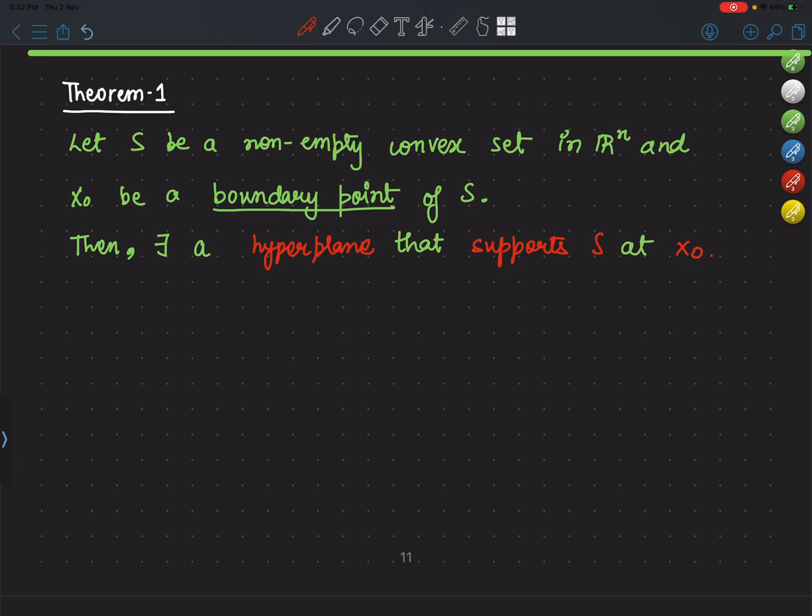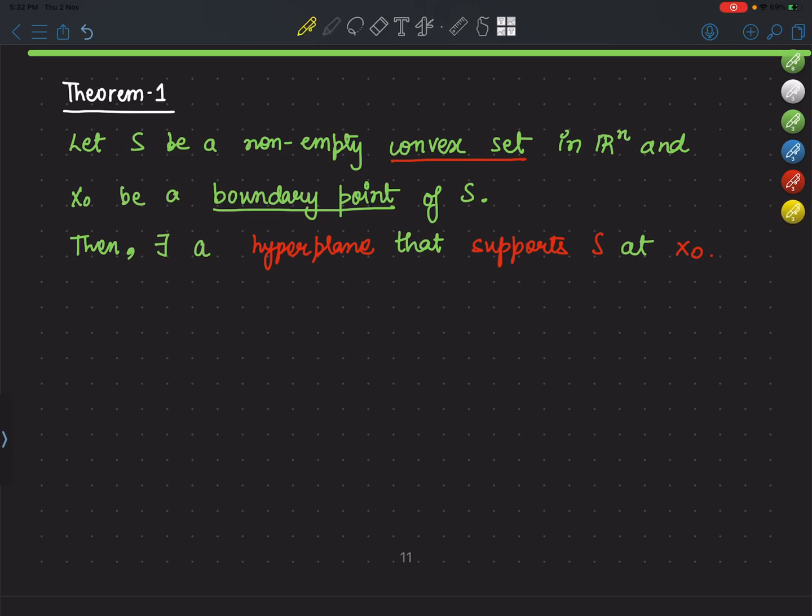So what this theorem says is that if there is a set S which is non-empty and convex, and we have any boundary point x0, then there always exists a hyperplane which supports S.